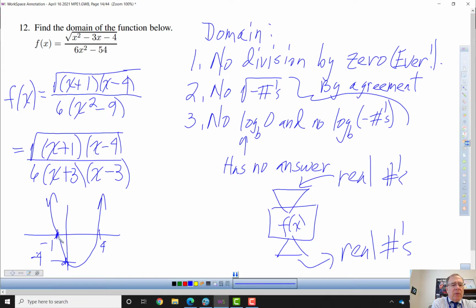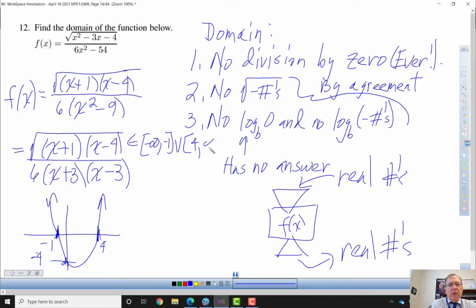But the key is we can be equal to -1 and 4, but we can't be in between because we don't want a negative number underneath the square root. So this part is giving us we can be from -infinity to -1 inclusive, because we can be 0 up there, union with 4 to +infinity.